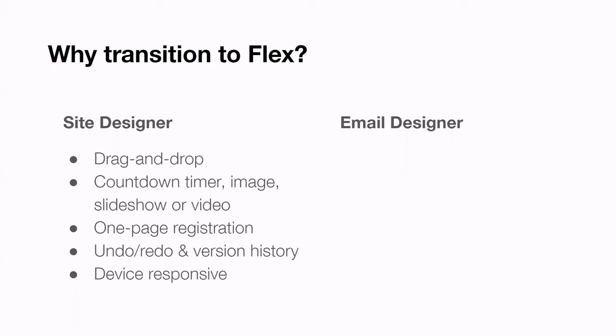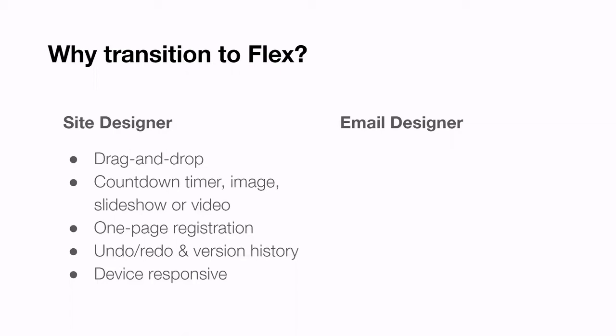With Flex, you'll be able to create your event website and registration process with an awesome drag and drop functionality. You'll be able to add in visual elements like countdown timers, images, image slideshows, or videos.